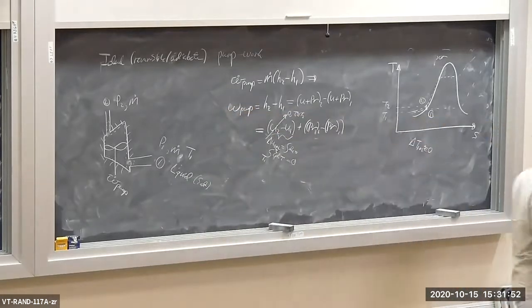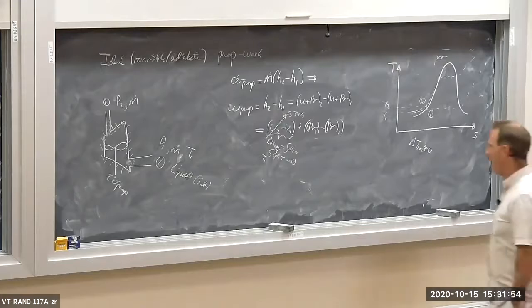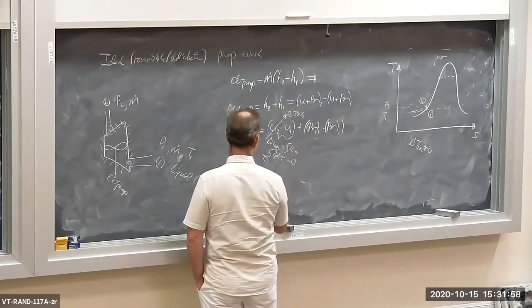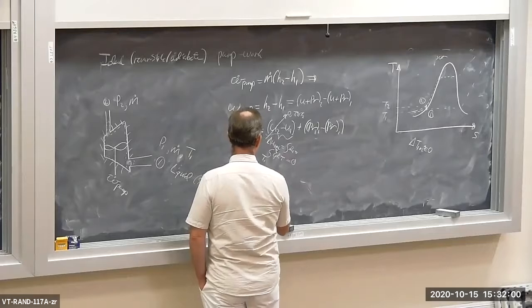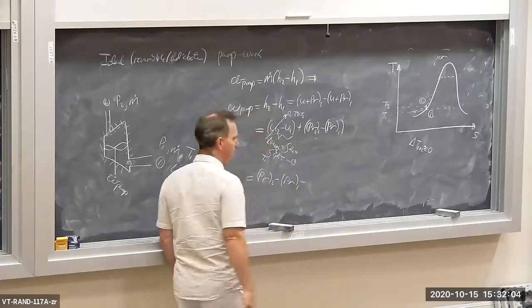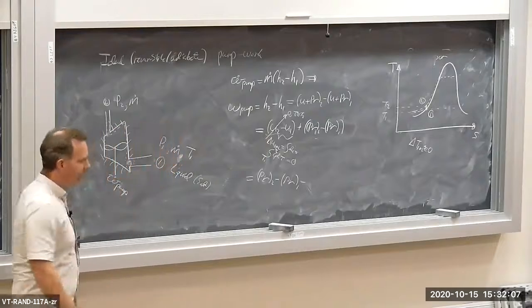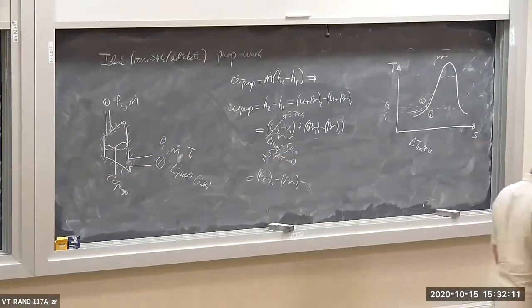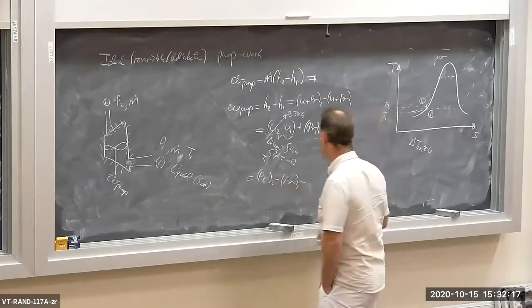So then I end up with the following. All I have left is the pressure times specific volume at state 2 minus pressure times specific volume at state 1. Now, if it's incompressible, that means that specific volume at state 1 is approximately equal to specific volume at state 2. So I can pull out the specific volume in this difference.